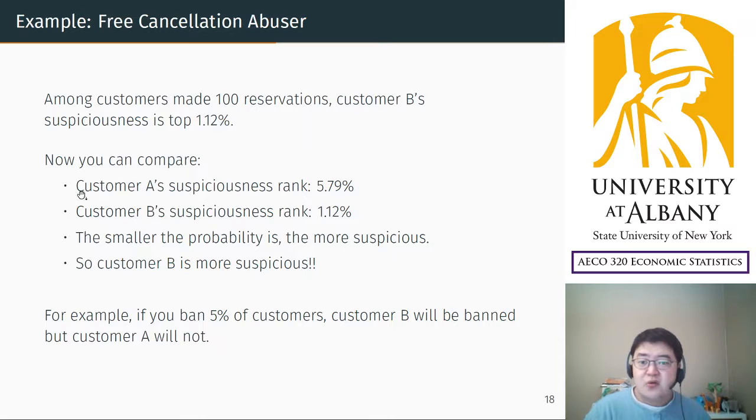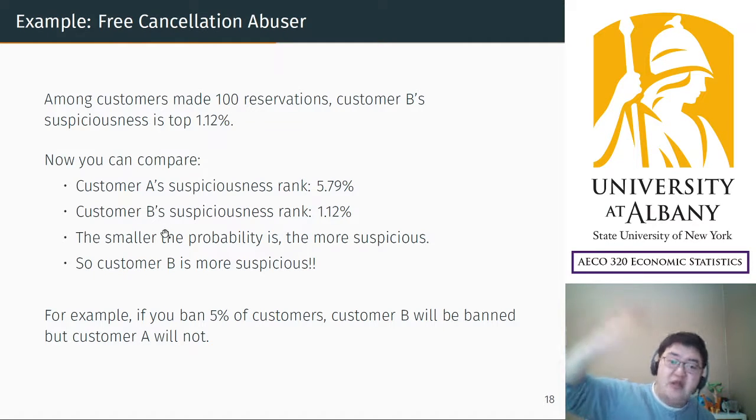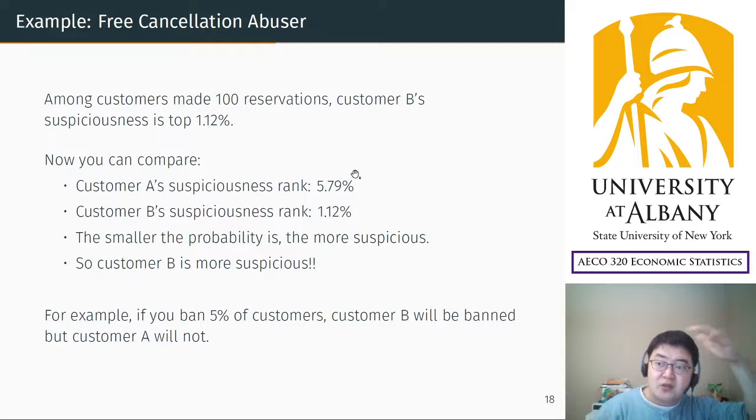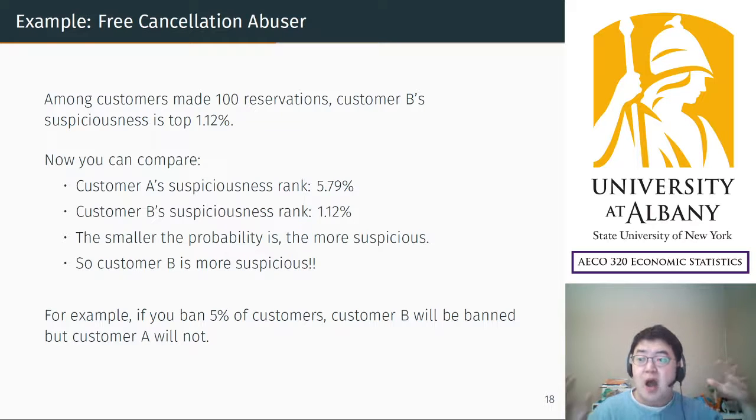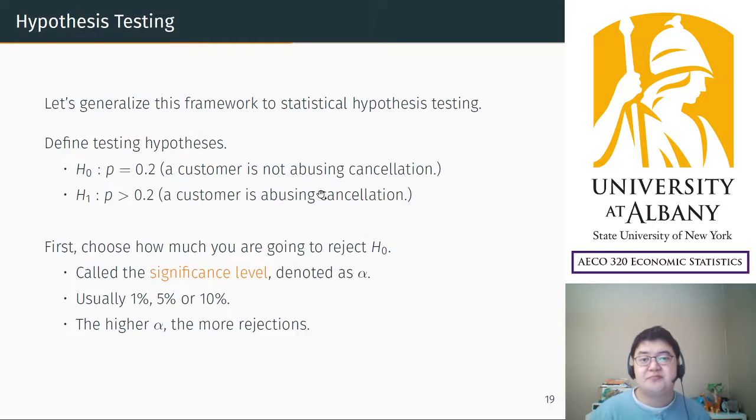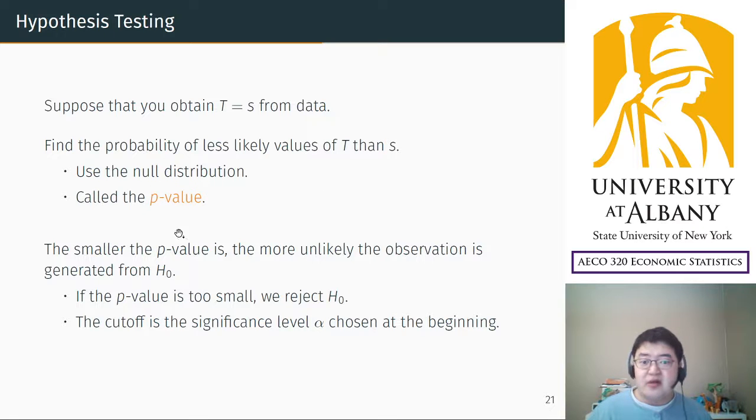Customer A was ranked within the top 5.79% in terms of suspiciousness. Customer B was even more suspicious, within the top 1.12%, right? So those probabilities capture the ranking of how suspicious, how unlikely, this outcome is. That's the p-value.